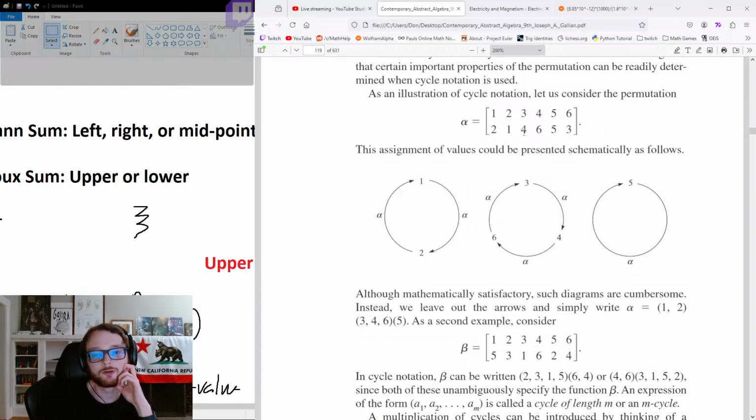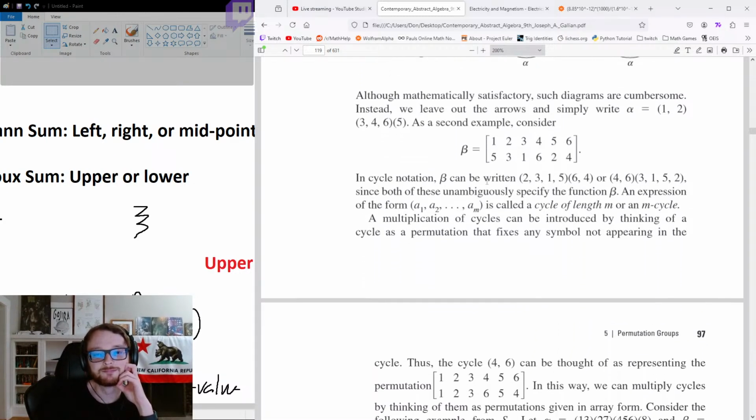3 to 4, 4 to 6, 6 to 3, 5 to itself. Okay. Yeah, it seems like a pain to do it for anything that's not a small group. Oh, okay, that's much more convenient.